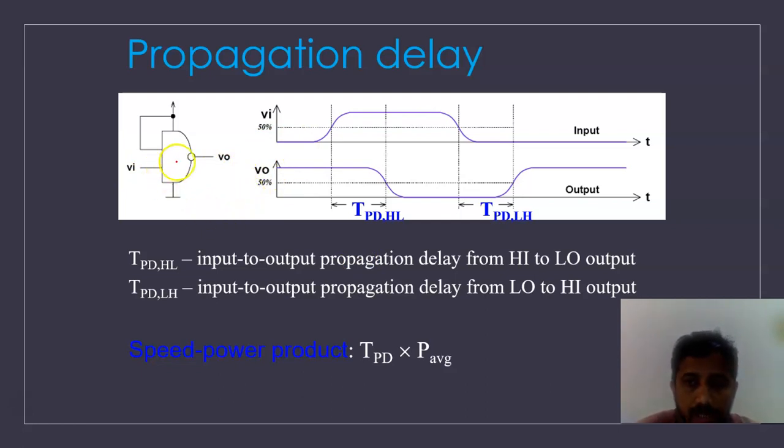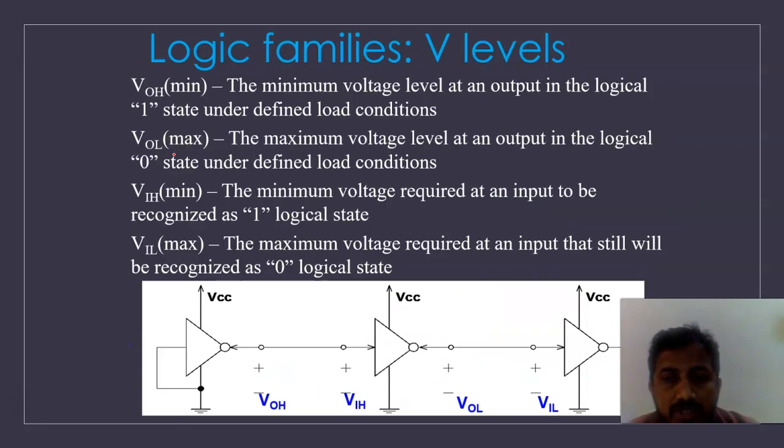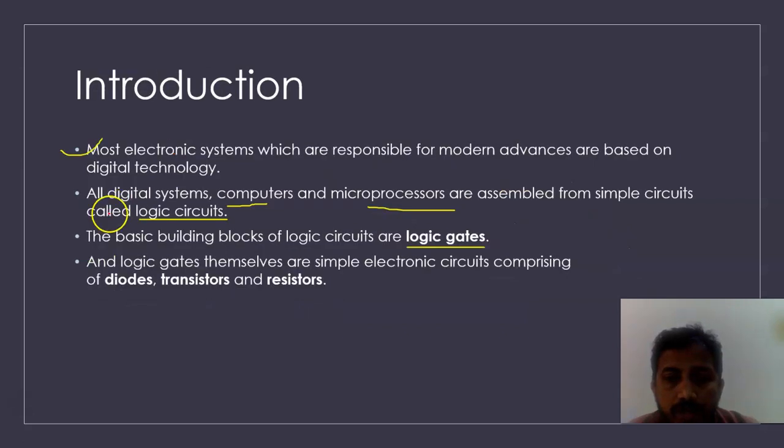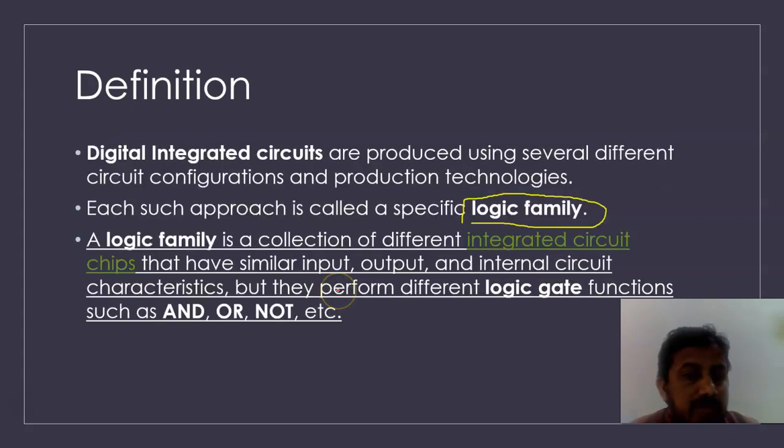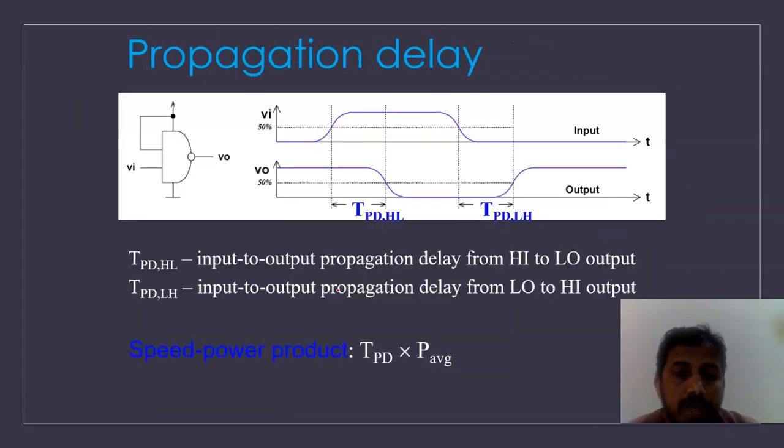Usually, as I told you in the first definition itself, logic gates are simple electronic circuits comprising diodes, transistors and resistors. So for a value to flow from one end to the other, it has to pass through resistors and capacitors, so it would be delayed. When you apply an input as low, the output would be high at that moment.